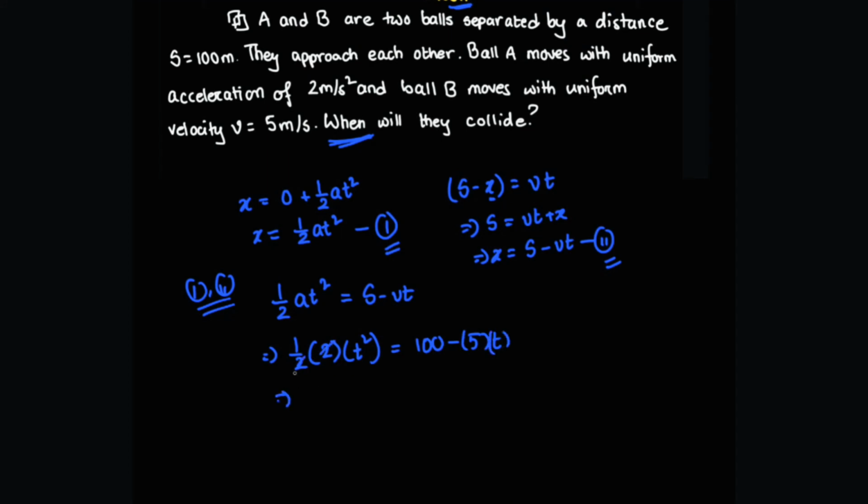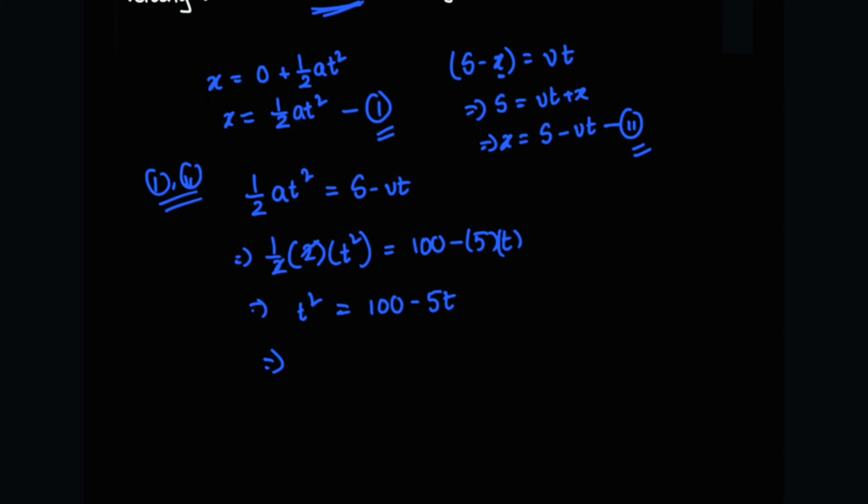Alright, so the 2's divide themselves up and we are left with 1 as a coefficient of t squared, and 100 minus 5t. Further simplification takes us to the fact that t squared plus 5t minus 100 equals 0.